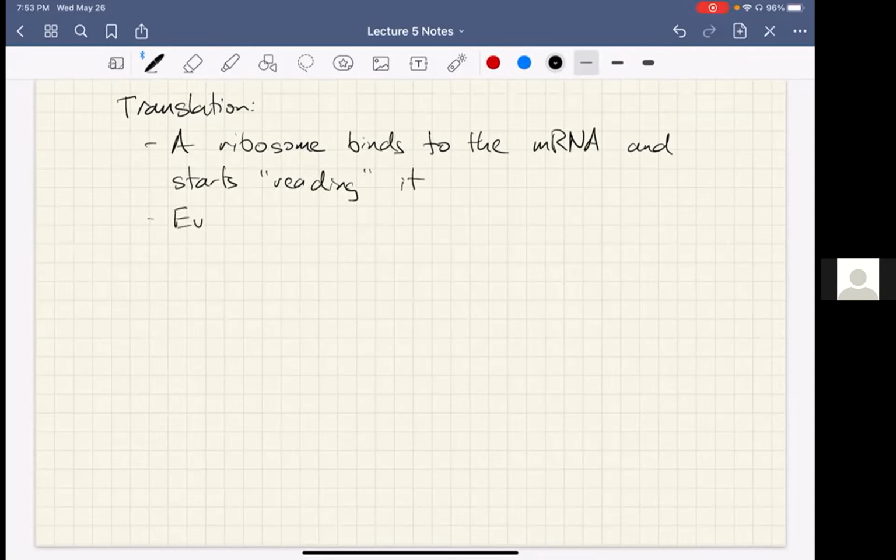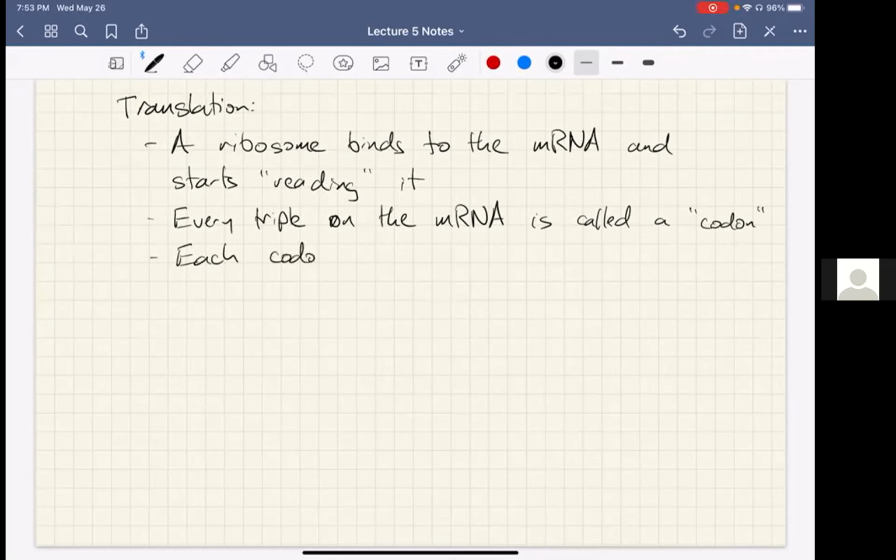Every triple on the mRNA is called a codon. Each codon corresponds to an amino acid.